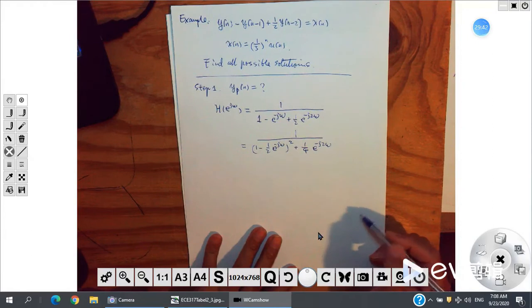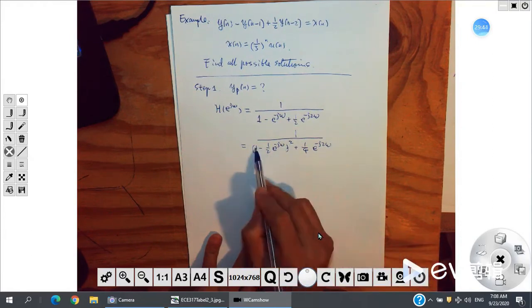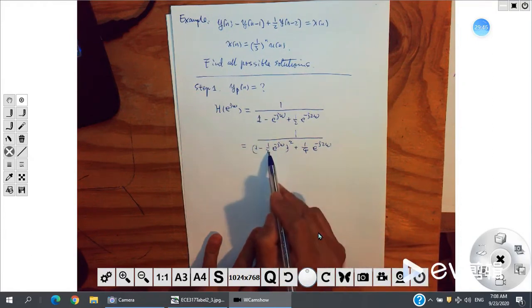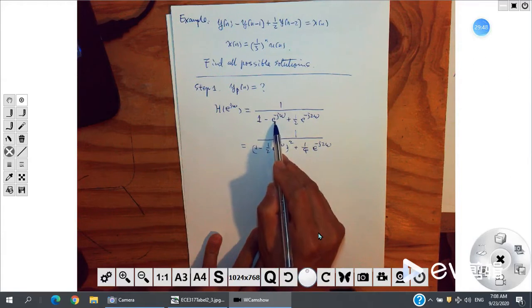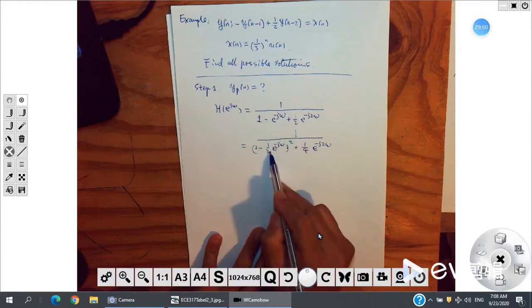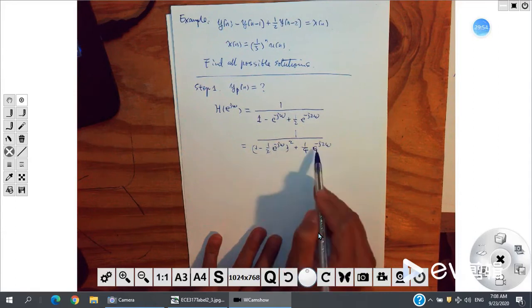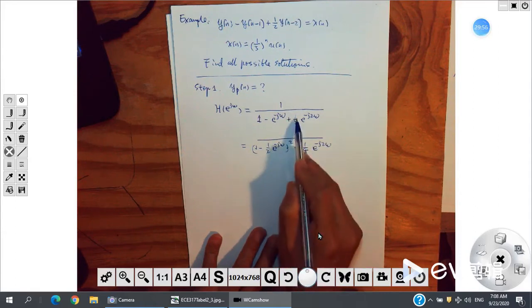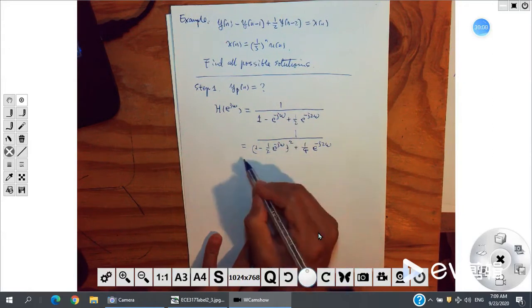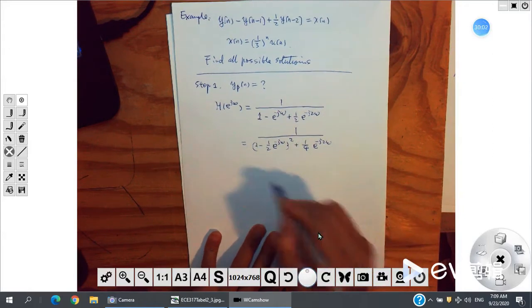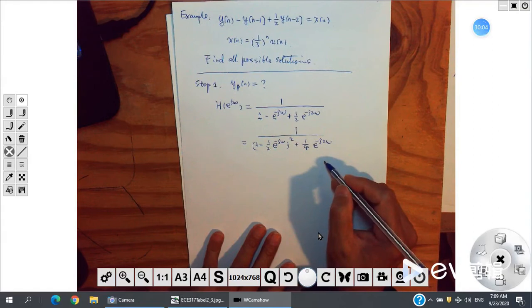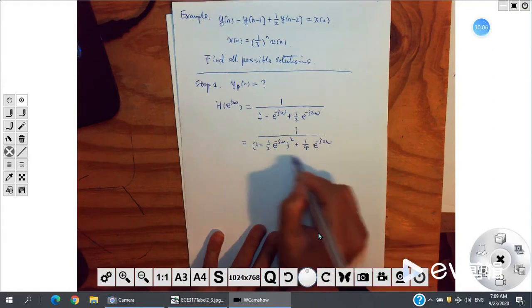Make sense? In this square, you have 1, and 2 of these is this one, and then the square of this is 1/4, the square of this is 1/4, and here is another 1/4, so you have 1/2. Alright, so this is H. Now what are the poles?